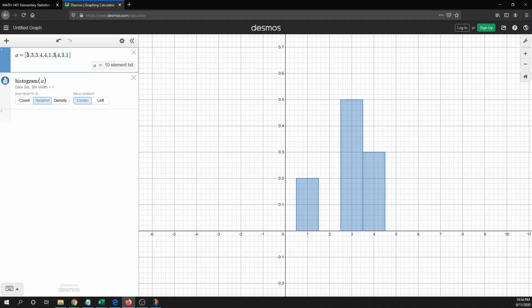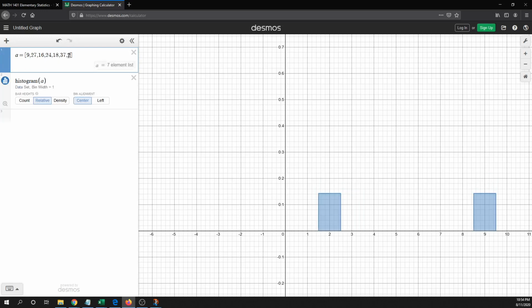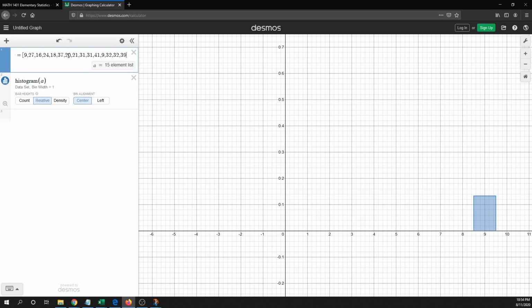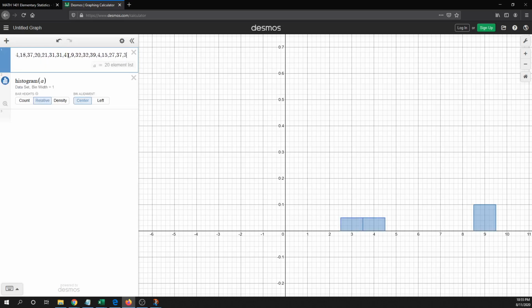So if I type this in: 9, 27, 16, 24, 18, 37, 20, 21, 31, 31, 41, 9, 32, 32, 39, 4, 15, 27, 37, and 30. So that should be 20 elements.